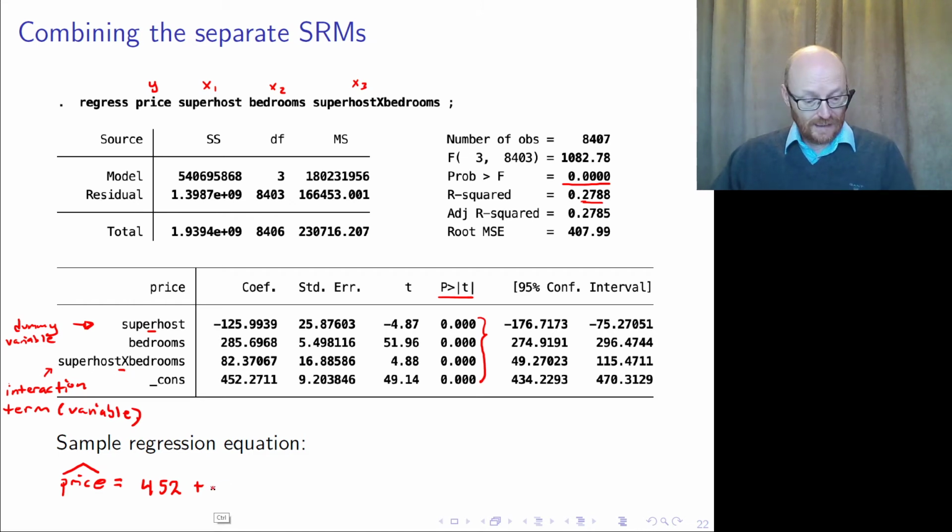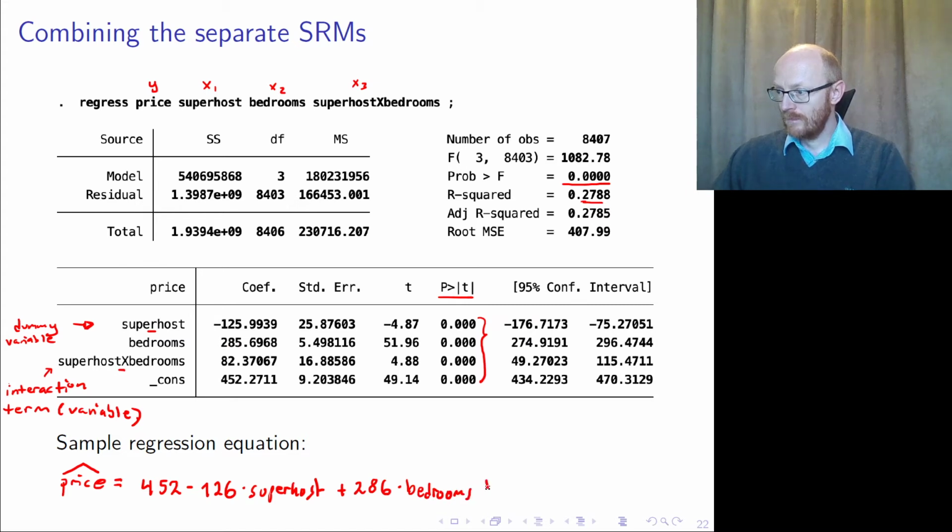Sorry for the cough. And of course it's negative. It's negative 126. We're rounding, times superhost, plus the slope for bedrooms. It's 286 times the bedrooms, plus the change in slope if the renter is a superhost.